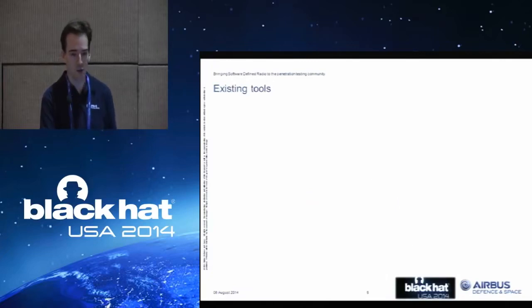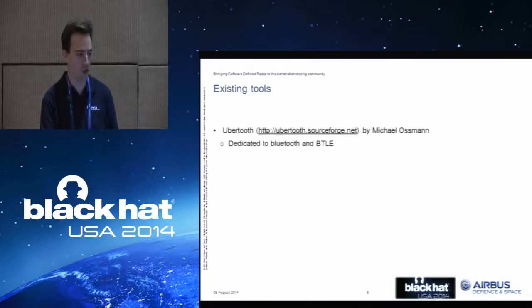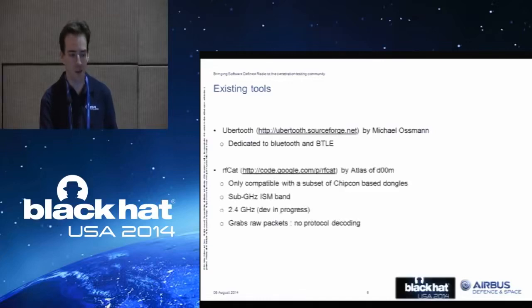Now, the existing tools to deal with radio frequency that are quite close to what we are doing. You have Bluetooth tools from Michael Ossmann, but they're dedicated to Bluetooth and Bluetooth Low Energy, so you're somewhat limited. You also have RFCat by Atlas of Doom, and this one is maybe the closest to what we are trying to achieve.